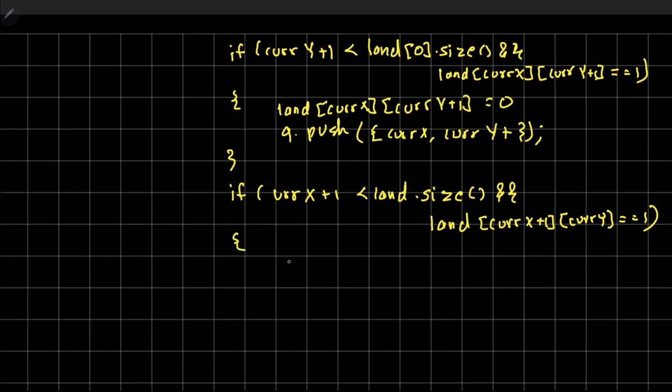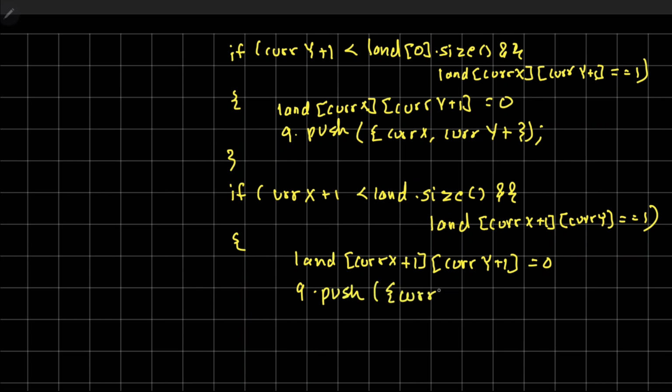Now we will mark this as visited. So land of current x plus 1, current y is equal to 0. Now we'll push it into the queue, queue dot push current x plus 1, current y.